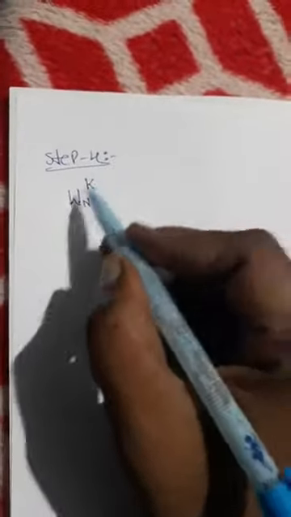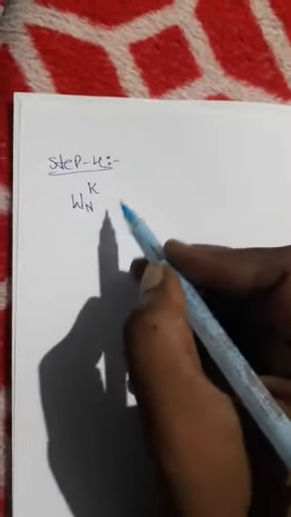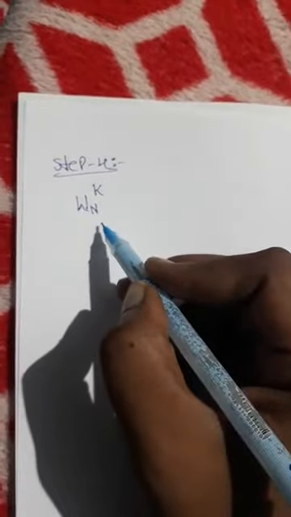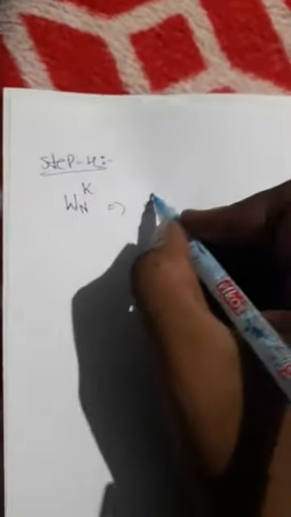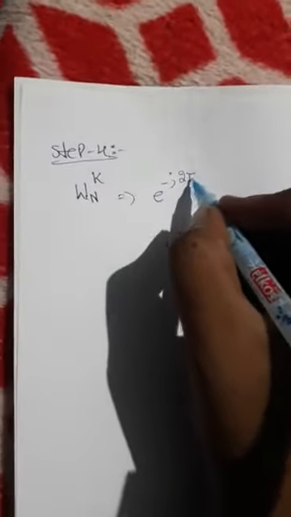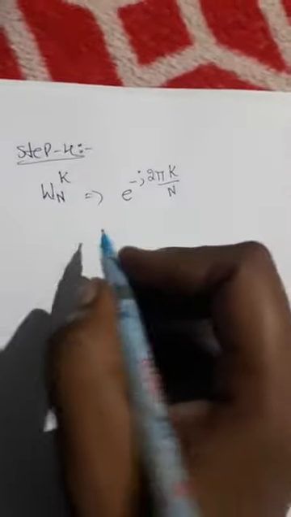The twiddle factor can be denoted as W_N to the power of k, and the value is e to the power of minus j 2 pi k by N. In this problem we have an 8 point DFT, so capital N equals 8.